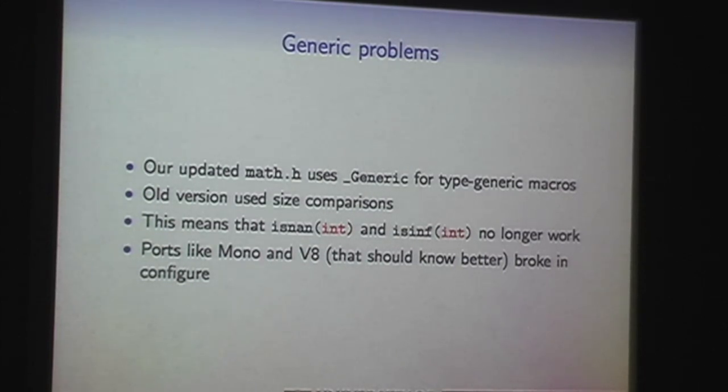Mono was my favorite of these, which would test for the existence of isnan with an int argument, and if it didn't exist, it would define an isnan with a double argument in its code. Most of these were fixed by just adding a .0 to the end of the macro, but it was slightly annoying.